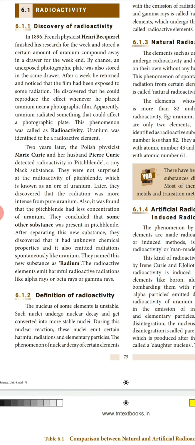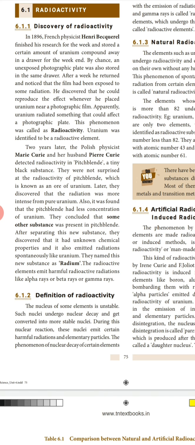When they placed it on the photographic plate, the radiations coming out were less. So they found that there was some other element present in pitchblende. That element was termed radium. What? Radium. Is it clear?